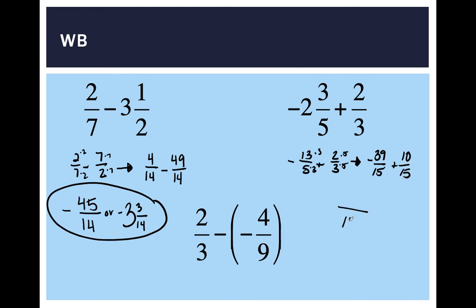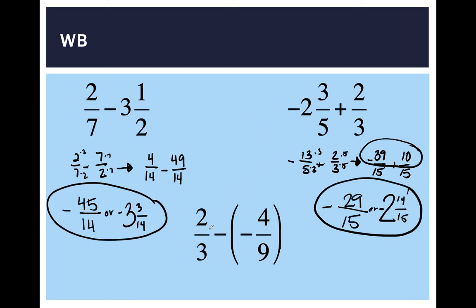Again, we know the denominator is going to be 15, so we really just need to focus on those numerators. Negative 39 plus 10 is negative 29. You can leave it like that, or you can convert it to a mixed number, which is negative 2 and 14/15.